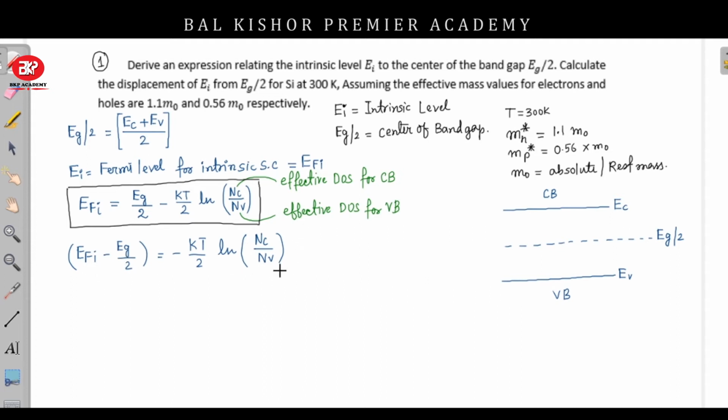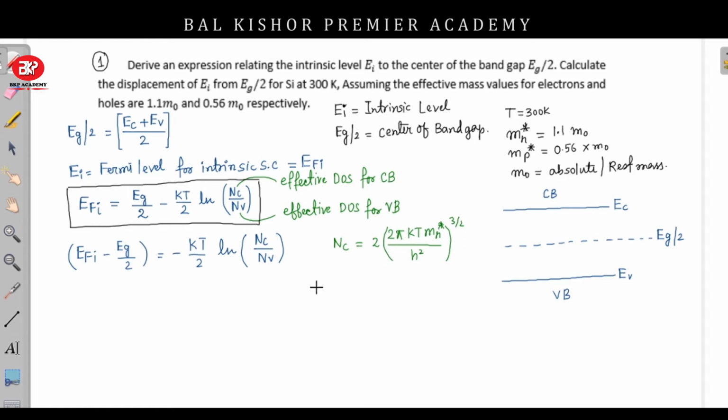So from this equation you can see it depends on the NC value and NV value. Now if we look at the NC value, that is the effective density of states in the conduction band, it is given by 2 into (2 pi KT Mn star divided by h square) to the power 3 by 2.